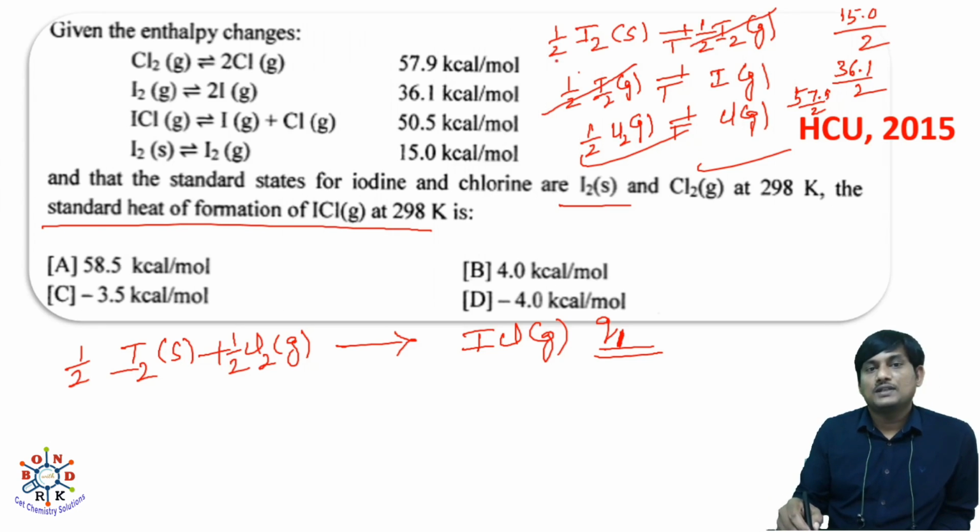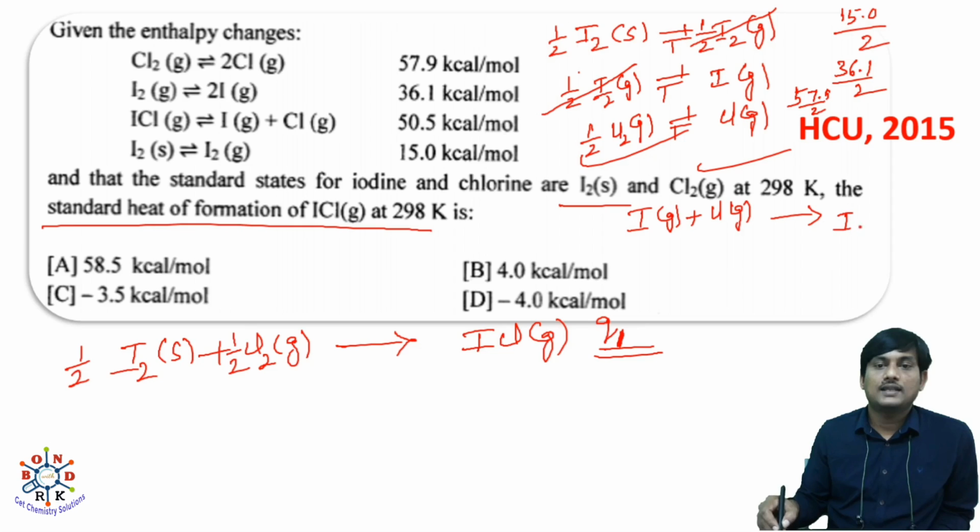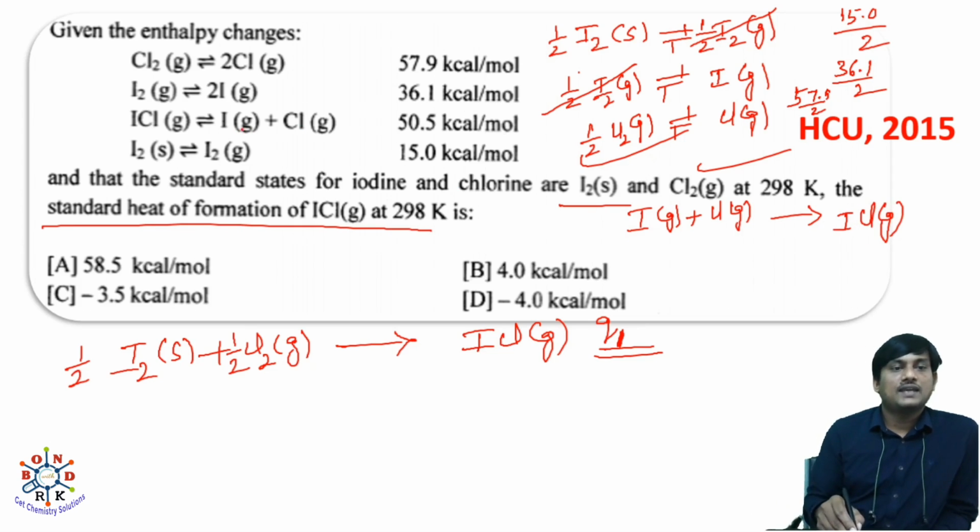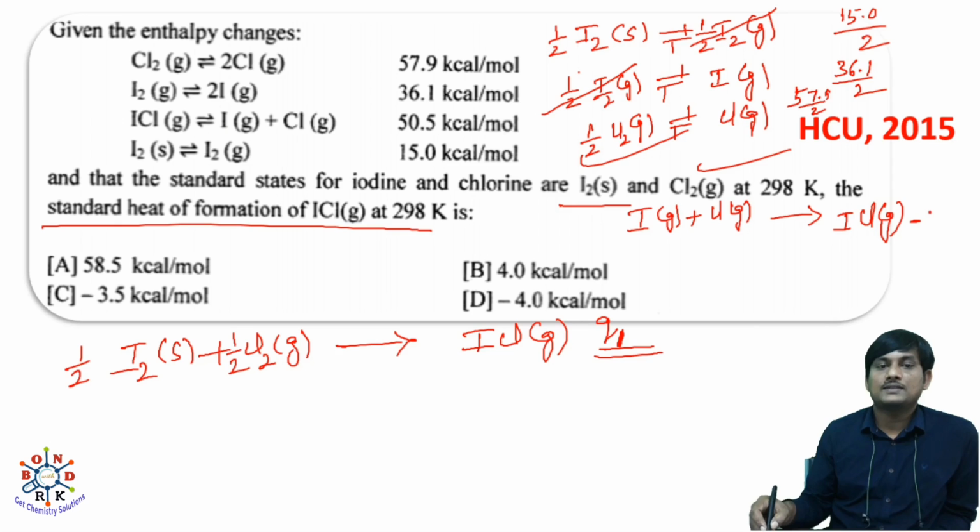So finally you will get 1 by 2 I2 solid plus 1 by 2 Cl2 gas is equal to I gas plus Cl gas. Then I gas plus Cl gas gives rise to ICl gas, okay, this is the equation, so it is the reverse equation. So you have to take negative, minus 50.5.